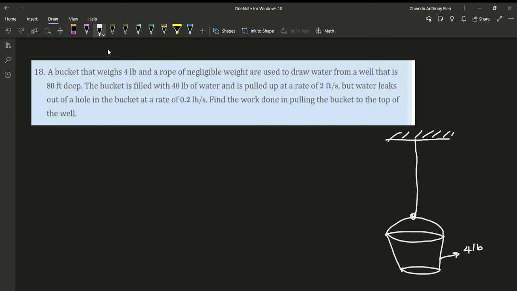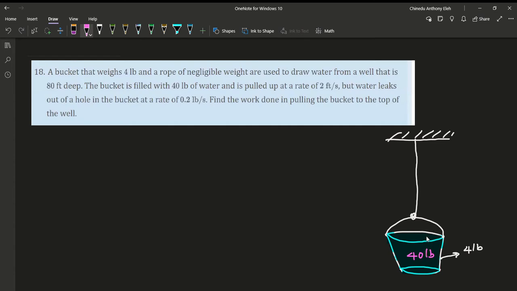And the bucket is filled with water. Maybe let me shade this. It's filled with water, and this water weighs 40 pounds.